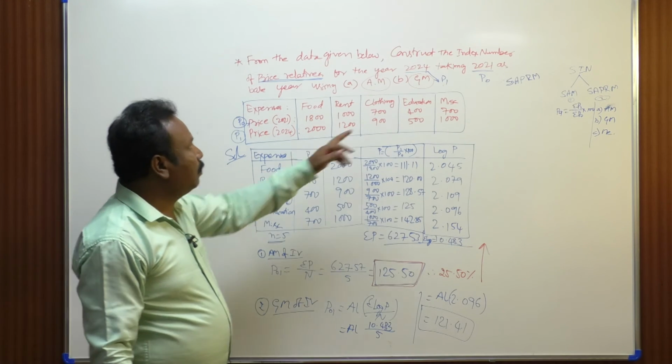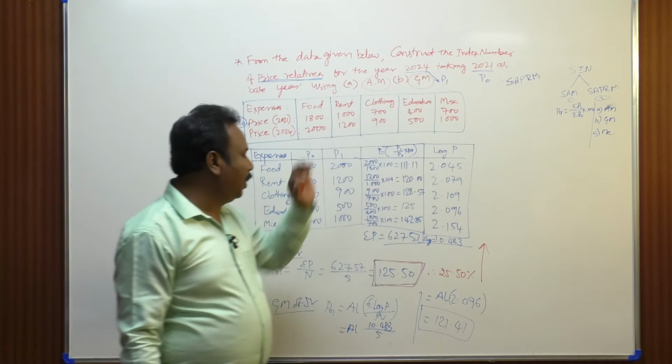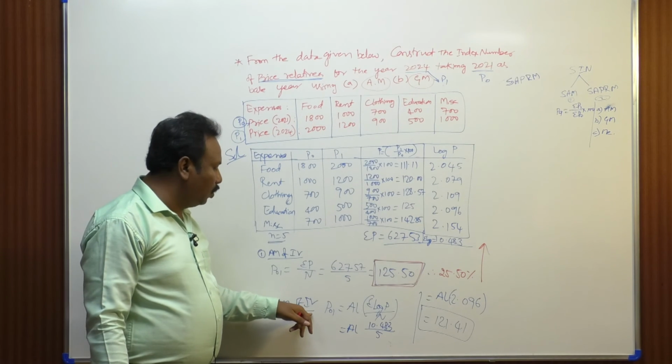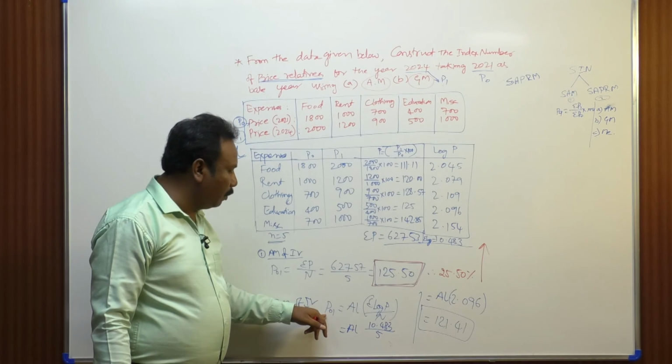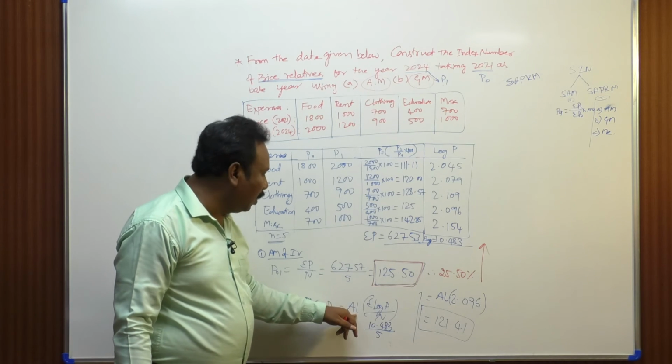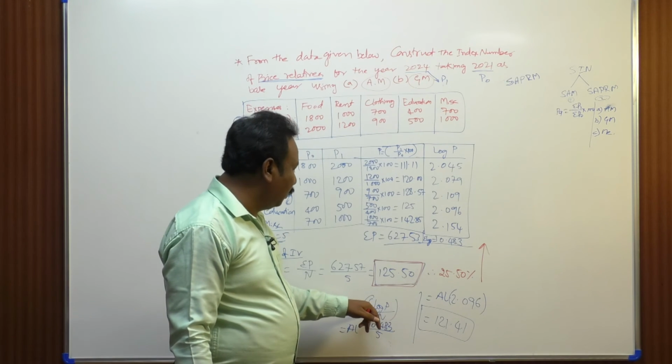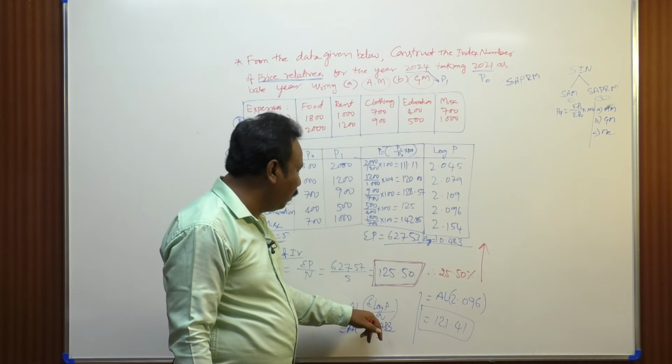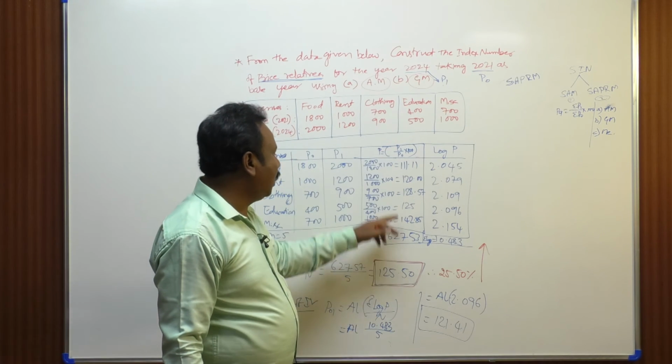mean. Coming to the geometric mean. The formula for the geometric mean of index value is P01 equals anti-log of summation of log P divided by N. So, we calculated the P values.